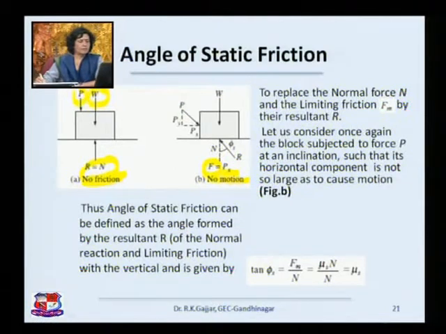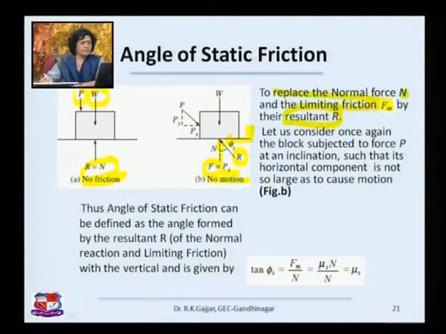So, in order to replace the normal force N and the limiting force Fm, we have to find out R here. How will you find out R? R has two components, N and F. How will you find out R?